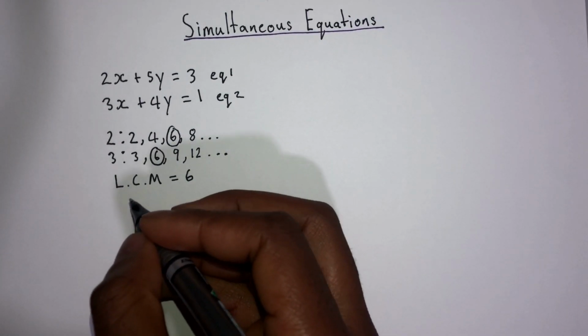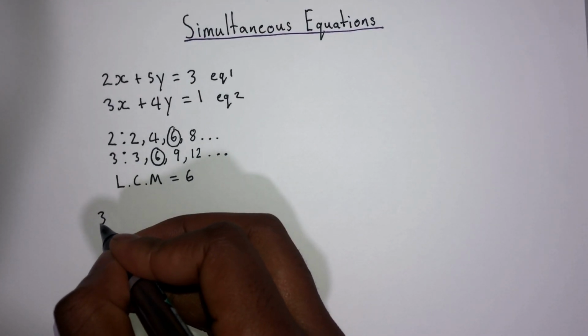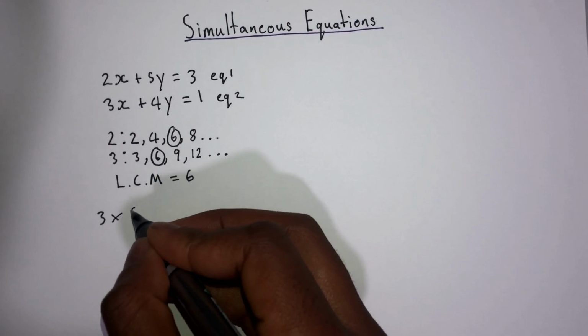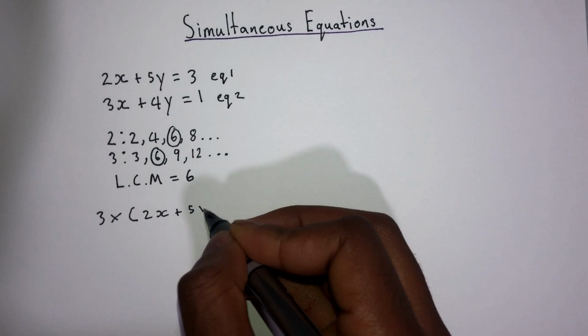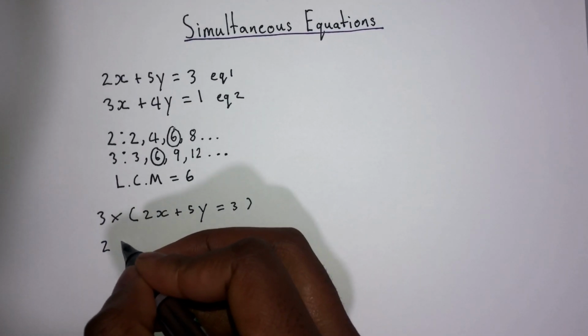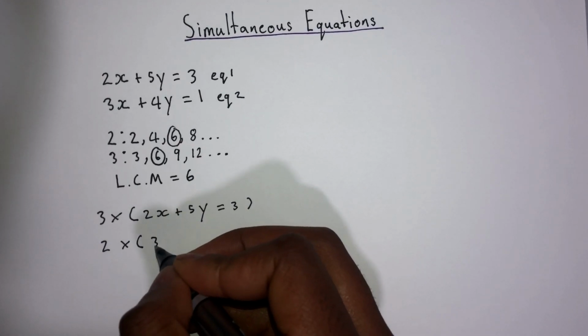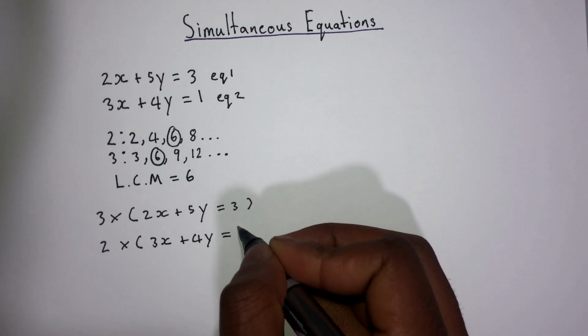So now let's carry out that operation. 3 times equation 1 and 2 times equation 2, 3x plus 4y equals 1.